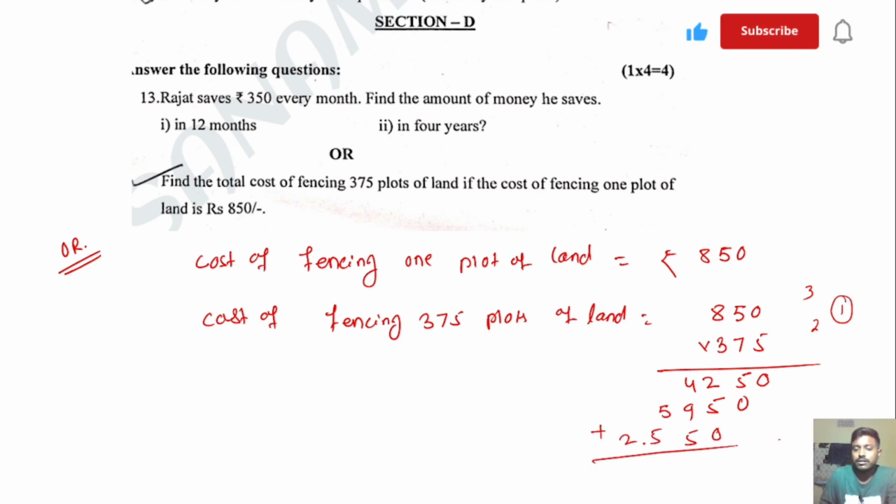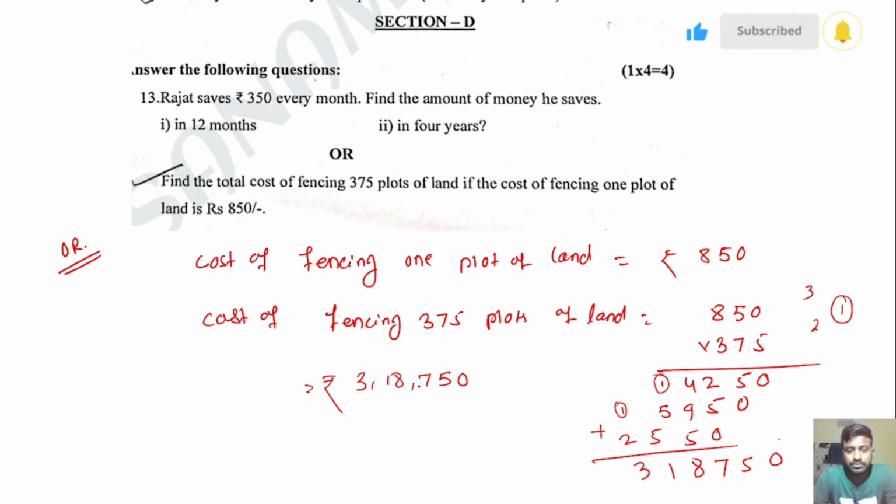Now add 0 to 0, then 5. Okay, then 5 plus 2 is 7, 9 plus 5 is 14, 4 plus 1 is 8, carry 1, 5 plus 5 is 10, 11, carry 1, that is 3. So answer is rupees 3,18,750 rupees.